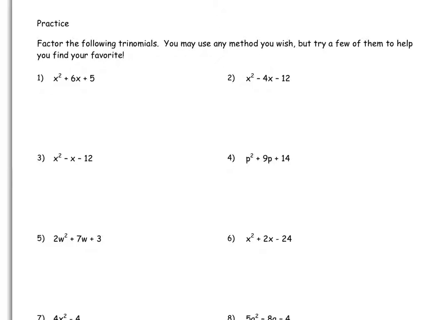So, number 1, what 2 numbers multiply to 5 and add to 6? 5 and 1, factored. Number 2, what 2 numbers multiply to a negative 12 and add up to a negative 4? Well, that's going to be negative 6 and 2. So that becomes x minus 6, x plus 2.